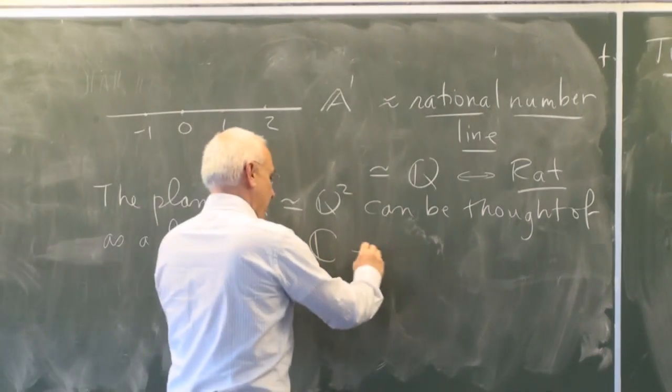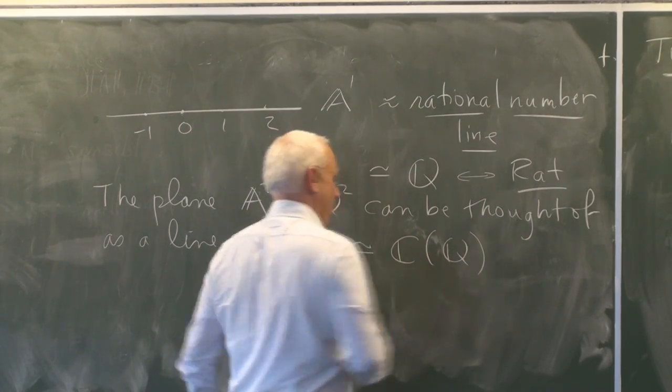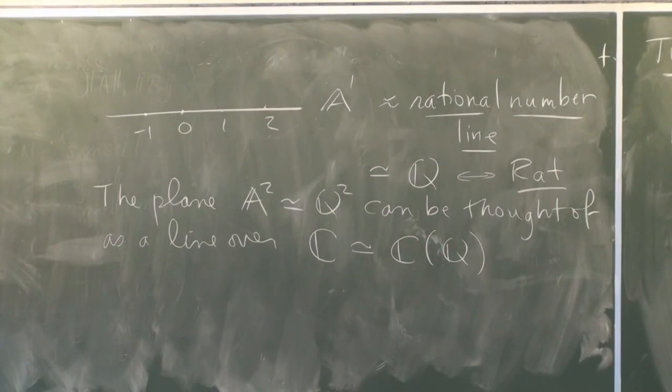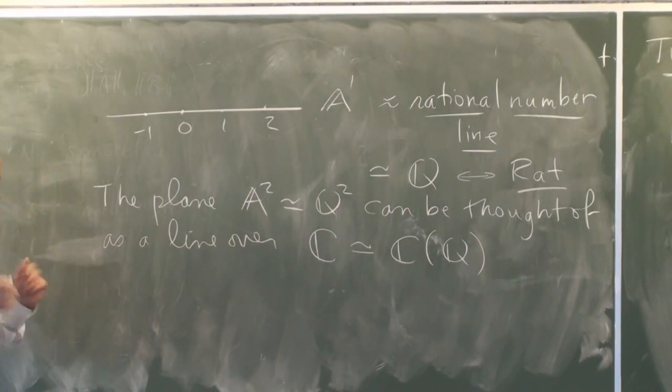Where by complex numbers I mean complex numbers built up from rational numbers. So again, this is not the usual complex numbers that my fellow mathematicians like to talk about. It's something much more concrete.